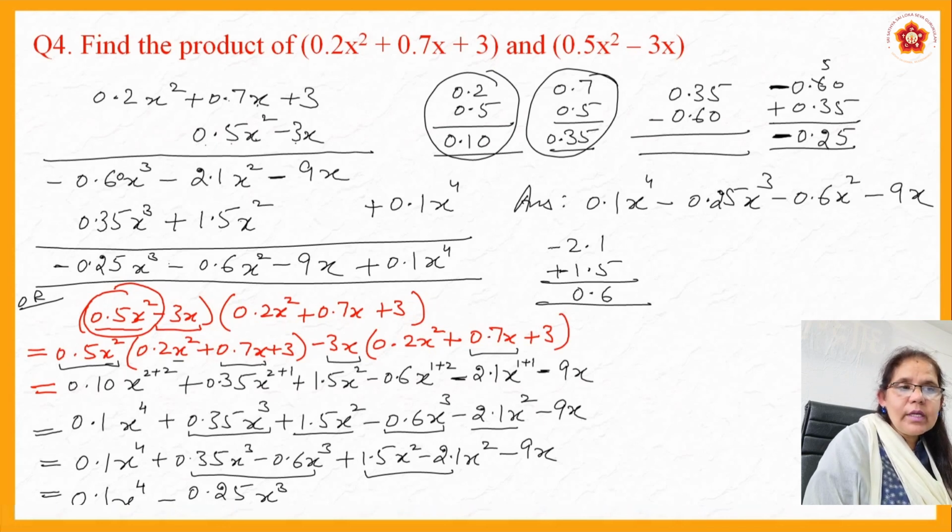What is the sign before the greater number? Out of 1.5 and 2.1, 2.1 is the greater number. What is the sign before the greater number? Minus. So I'll put a minus here. So it is minus 0.6x square minus 9x.